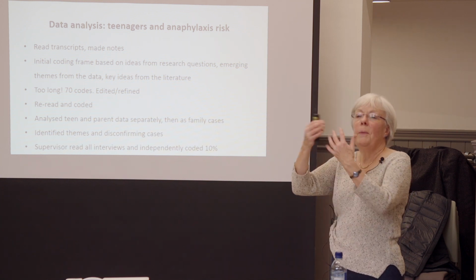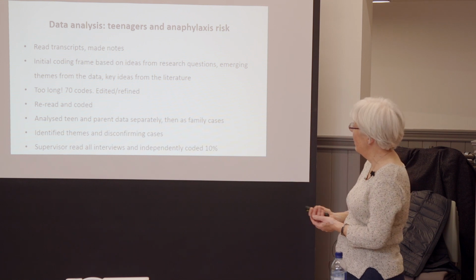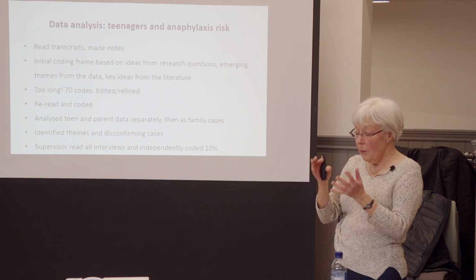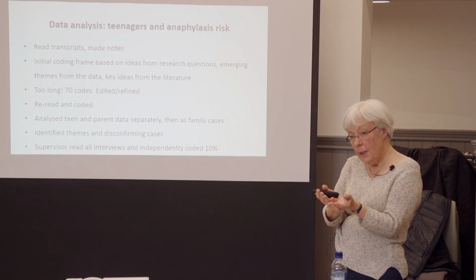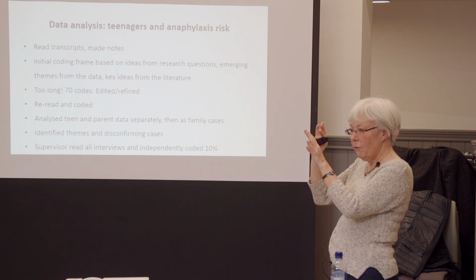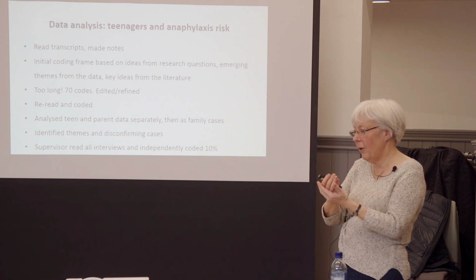And then Michael went back and reread all the data with the new coding framework to see that we'd got everything together. So we analysed the data from the teenagers as one lot. We analysed the data from the parents as another lot. And then we looked at them across the families.